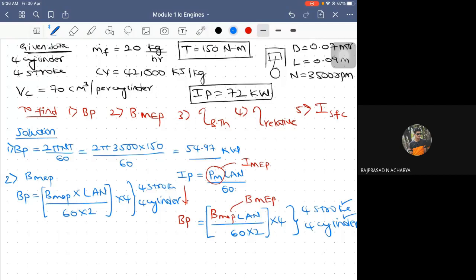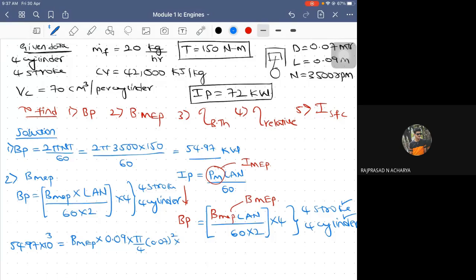So what is brake power? Brake power is 54.97 into 10 to the power of 3. That is equal to brake mean effective pressure, which you must calculate, cross length, which is 0.09 stroke. Area is pi by 4 d square, so d is 0.07, its whole square.